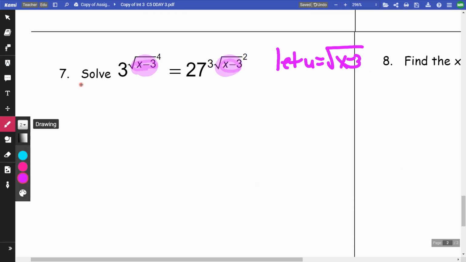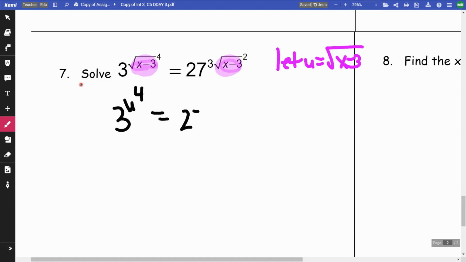So now I'm going to rewrite this. So I'm going to have 3u to the 4th is equal to 27, and this is 3, and it's going to be u squared.